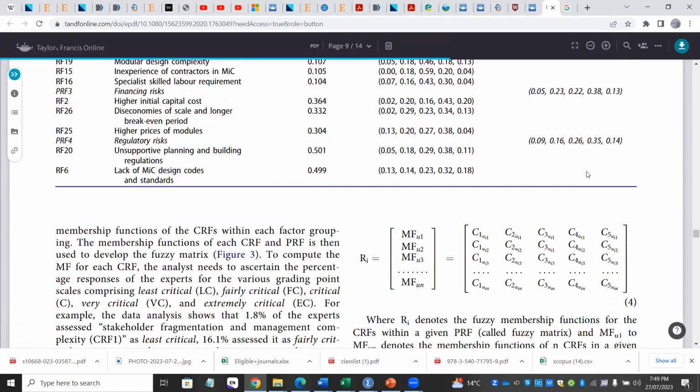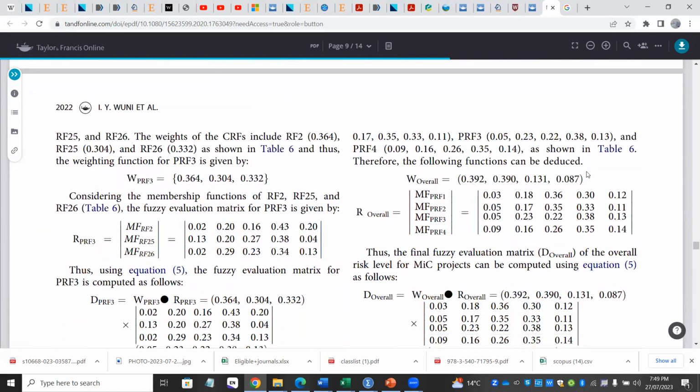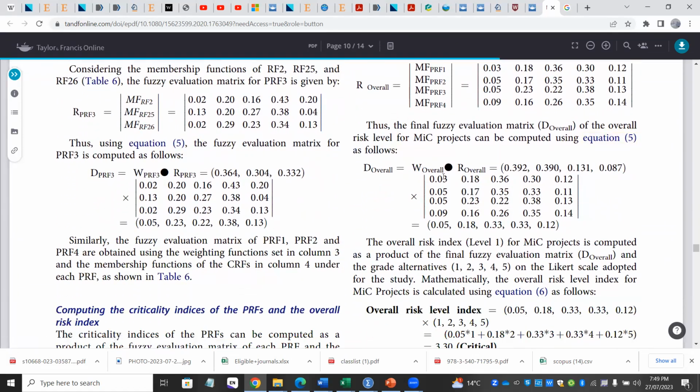Okay. Yeah, so that is how you got that. So we are just trying to determine the overall value. So when you compute that, you get this matrix. You multiply and add, and you get this.